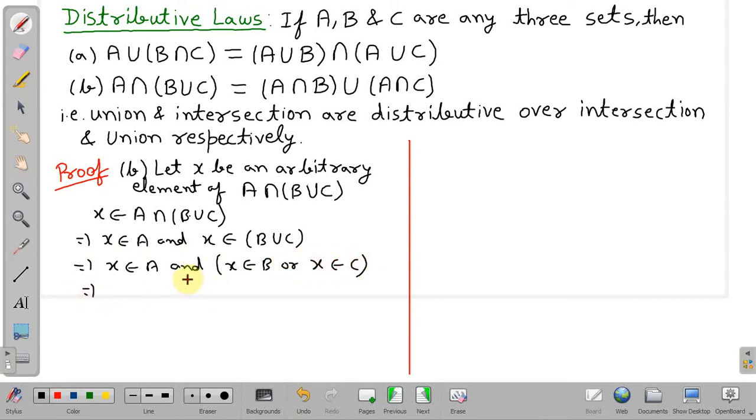Okay, so here we will use distribution of AND over OR.